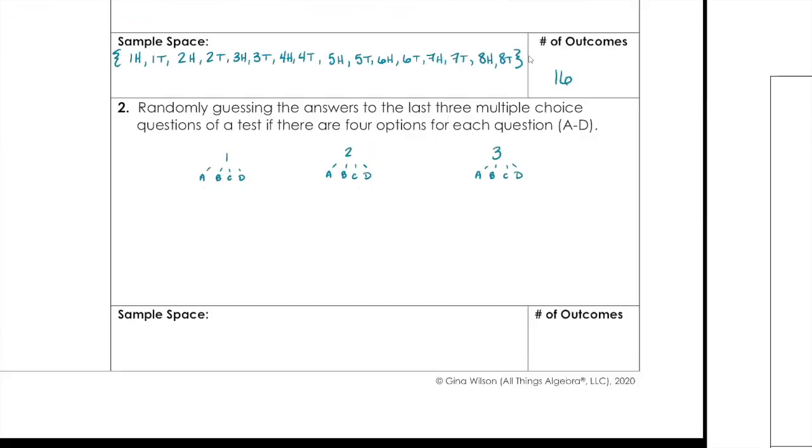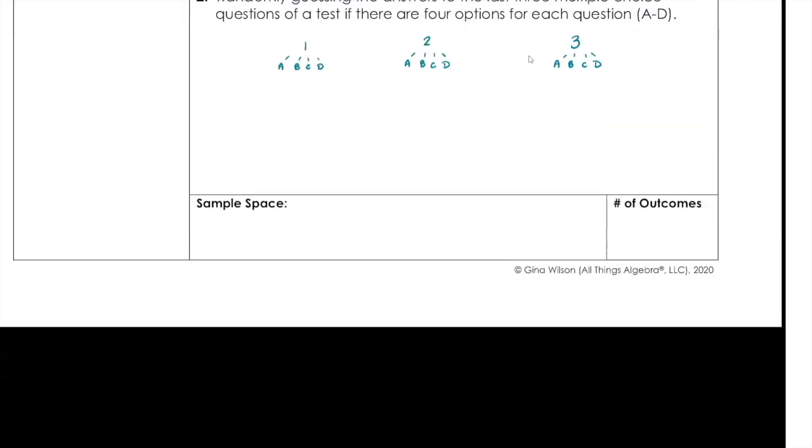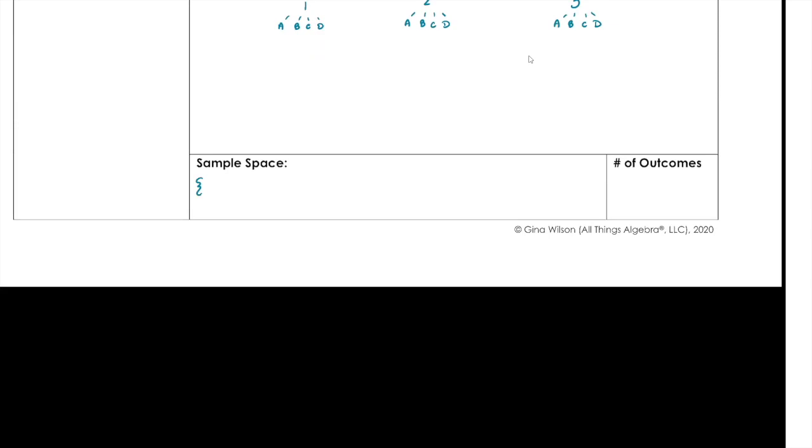So now when we do our sample space, on the first question I could go 1A, 1B, 1C, or 1D.